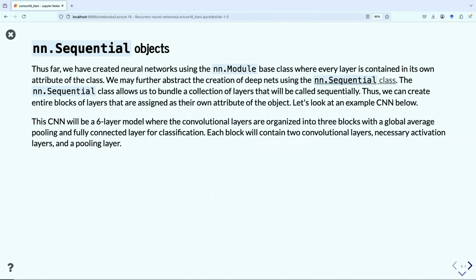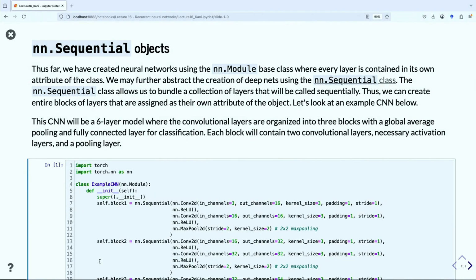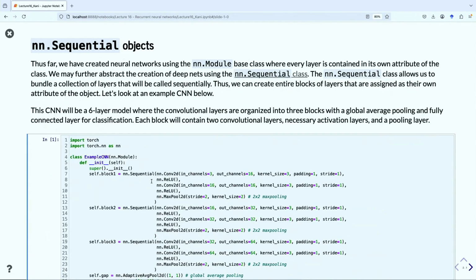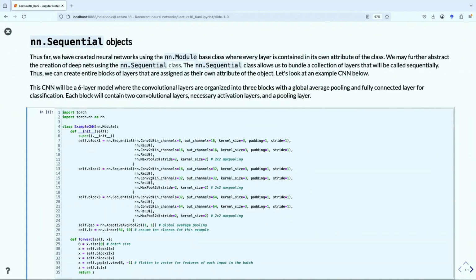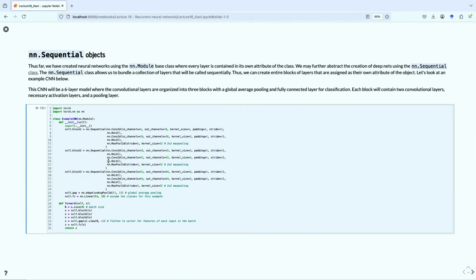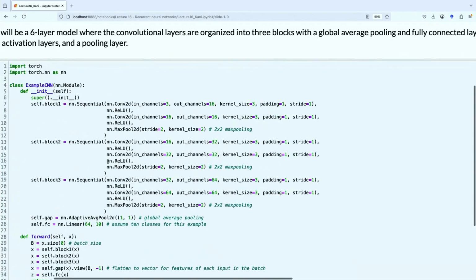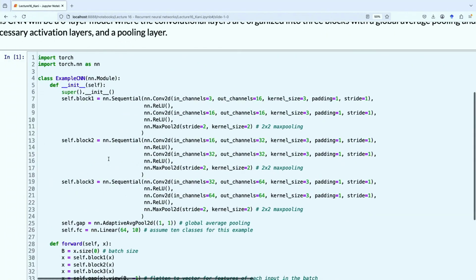And so when you have that, it just gets hard to keep track. So it's nice to organize things into blocks. All nn.Sequential does is simply organize things into blocks.